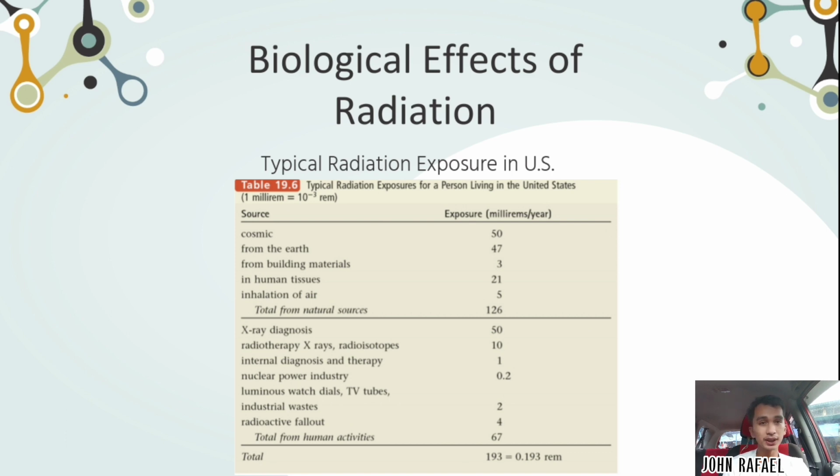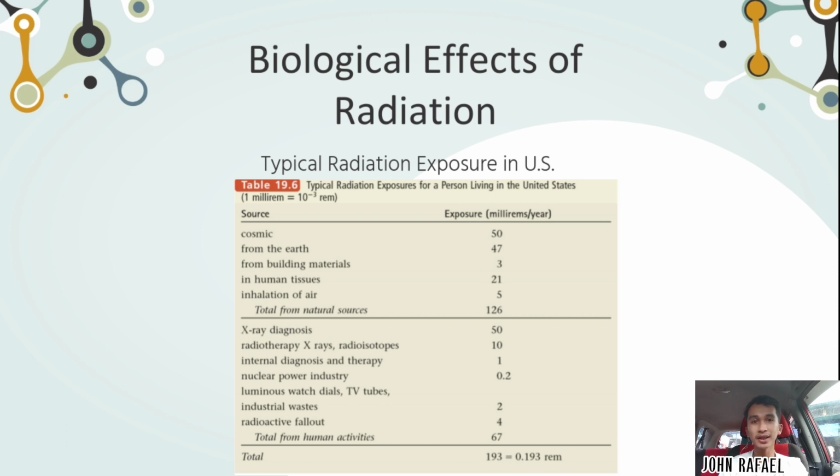From the earth has 47 exposure. From building materials has 3 exposure. In human tissues has 21 exposure. Inhalation of air has 5 exposure. So in total, 50 plus 47 plus 3 plus 21 plus 5 is equal to 126.